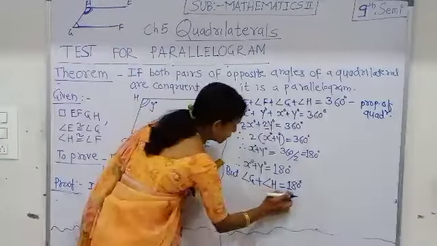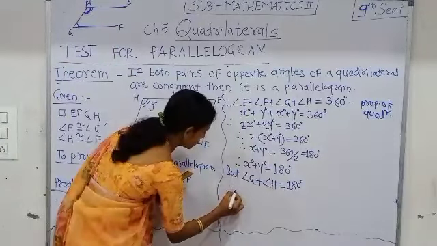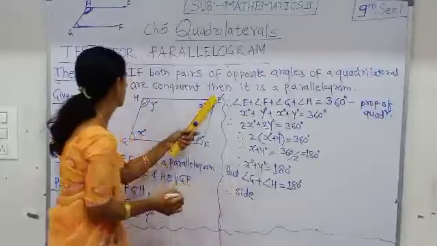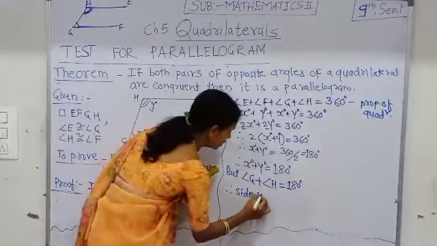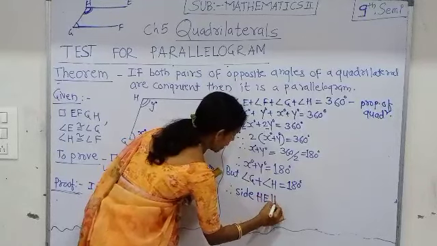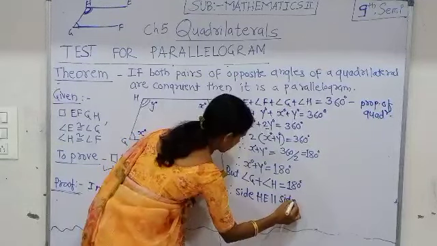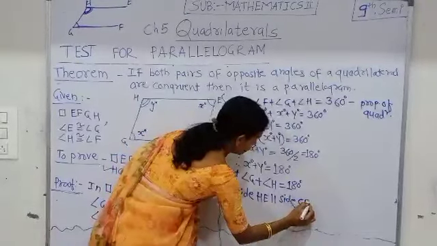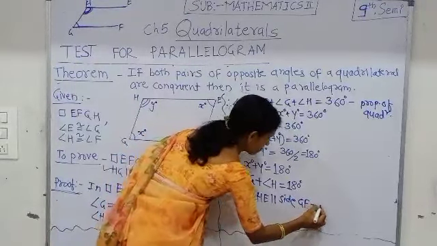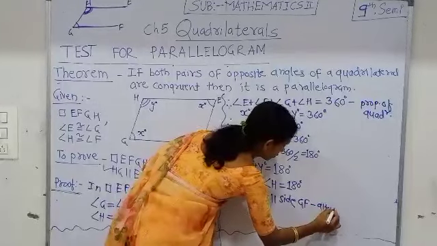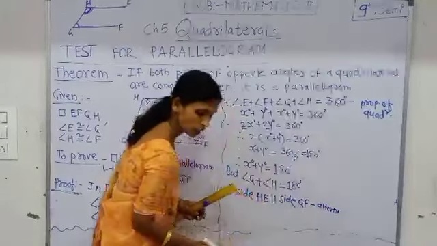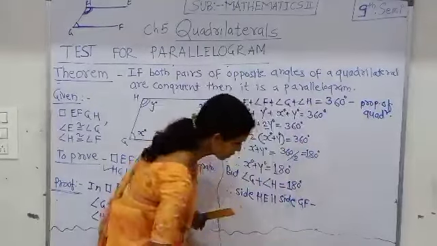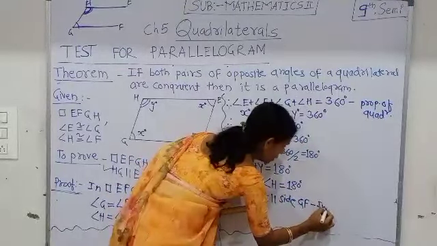Therefore, from this equation we write that side HE is parallel to side GF, because the interior angle test is used here.